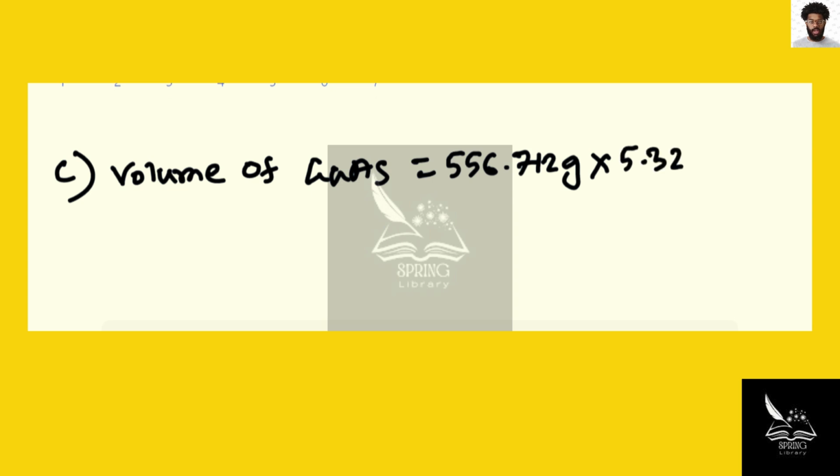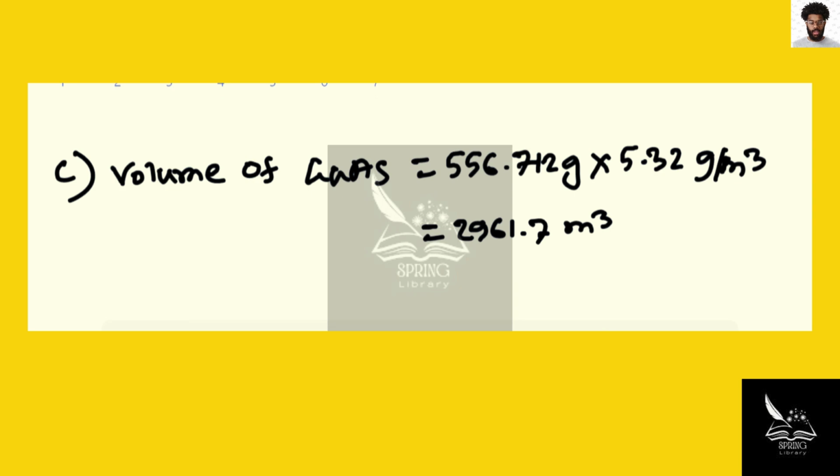So first we'll find out the volume of gallium arsenide, which will be mass of gallium arsenide, 556.712 gram, times the density which is given as 5.32 gram per meter cube, and this will give us a value of 2961.7 meter cube.